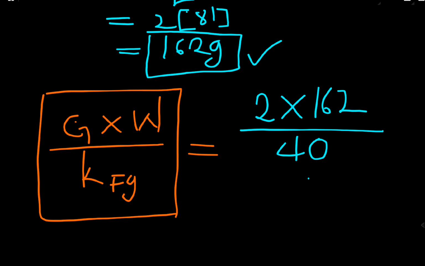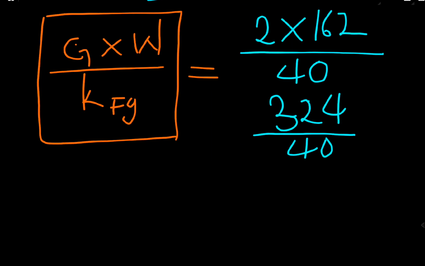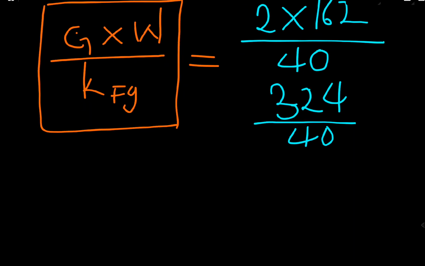So if you multiply, you say 162 times 2, you are going to end up with 324. 324 over 40. Moving further, 324 divided by 40, and your final answer will be 8.1 grams. 8.1 grams of hydrogen bromide.